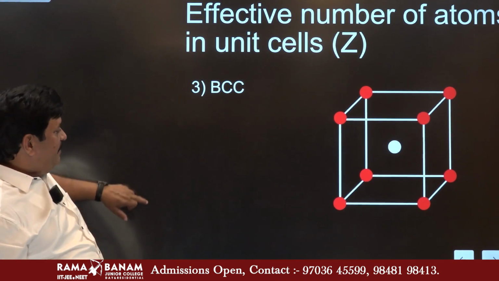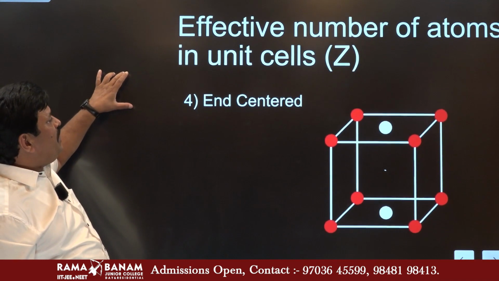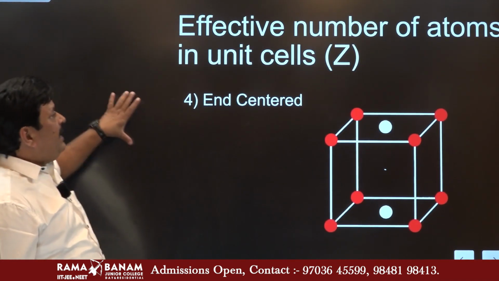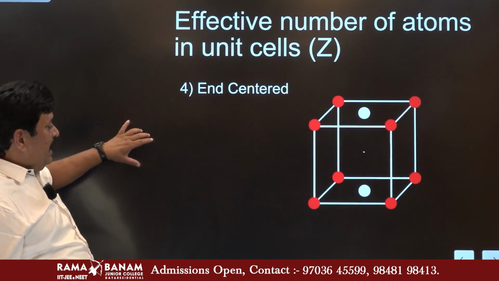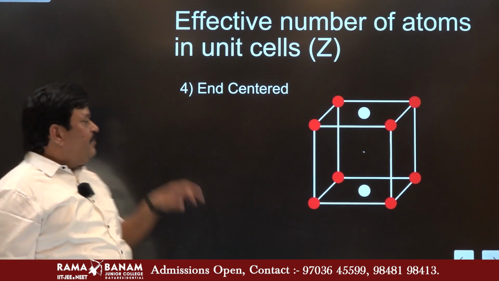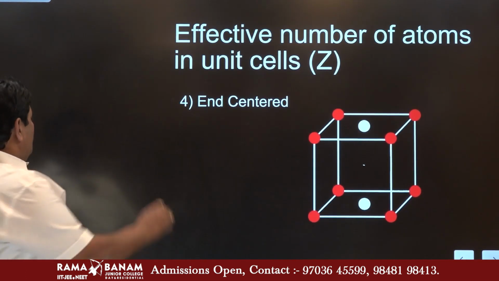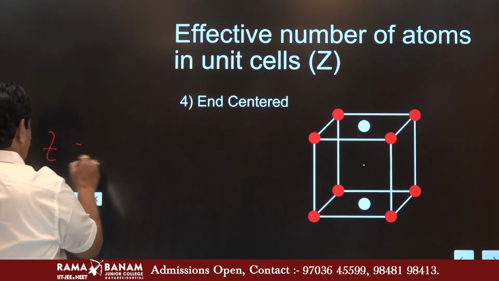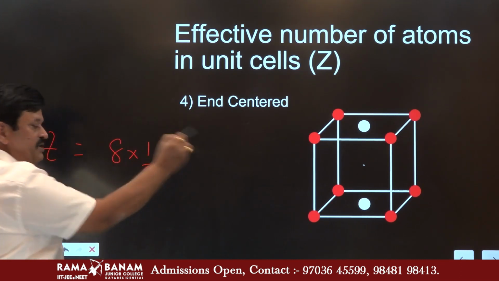And last one. What is the effective number of atoms in the unit cell of end-centered cubic? See the diagram. There are 8 body corners, and the contribution of each is 1 by 8.